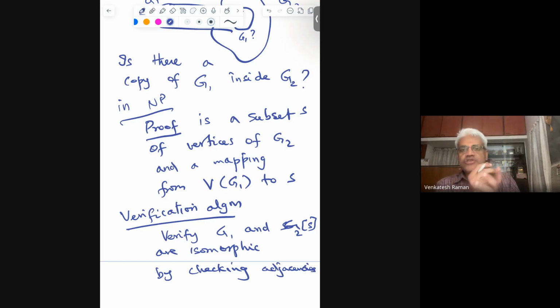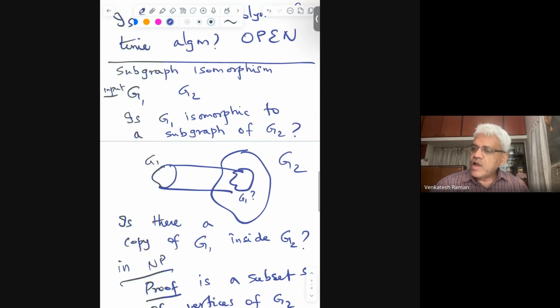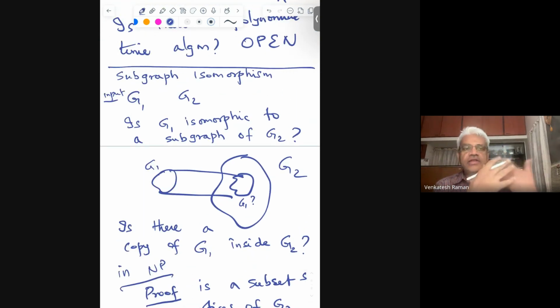We're trying to show NP. Now, how do you show NP-hard? You have to reduce from a known NP-hard problem to this problem. So what problem do you reduce from? Have you seen any other NP-complete problem which looks for a copy of something in a graph? Clique, independent set, Hamiltonian cycle. These are all looking for some structure in a graph.